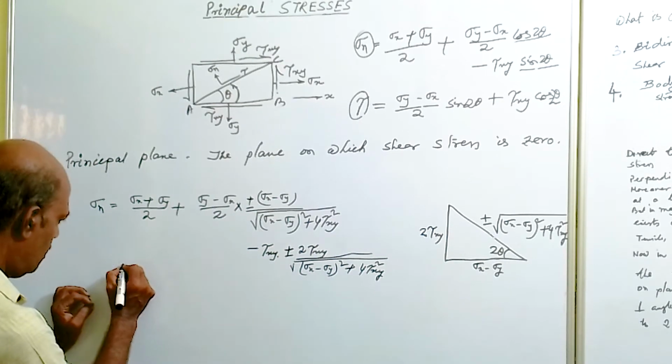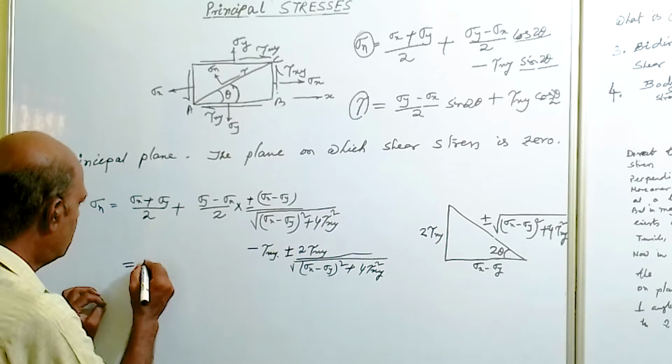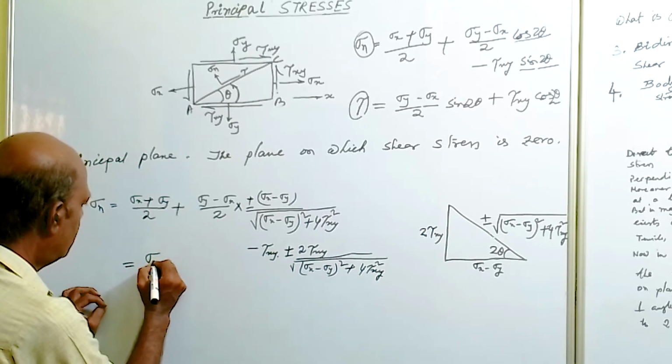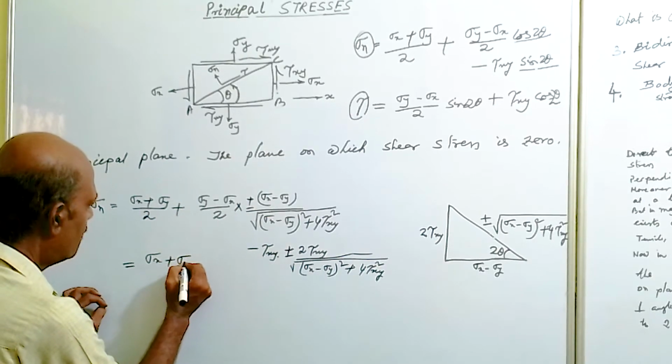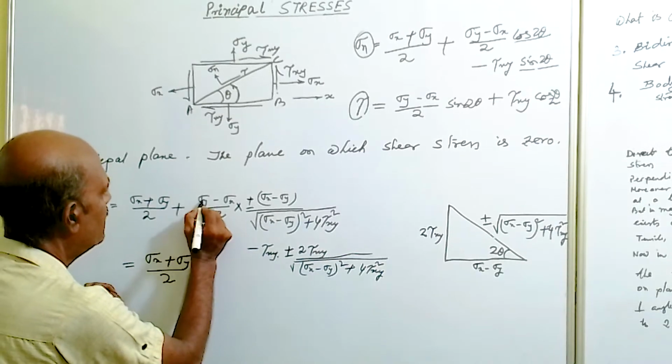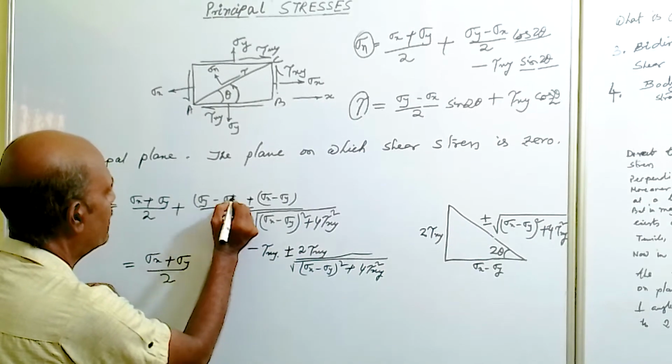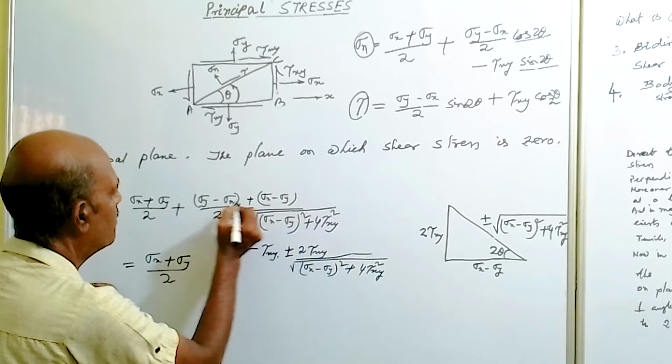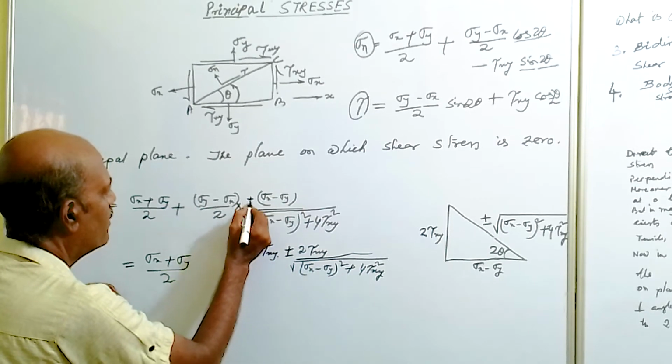So just mathematical expressions. So we'll solve this expression, sigma x plus sigma y by 2. So you can see sigma y minus sigma x into sigma x minus sigma y, and plus minus sign is there.